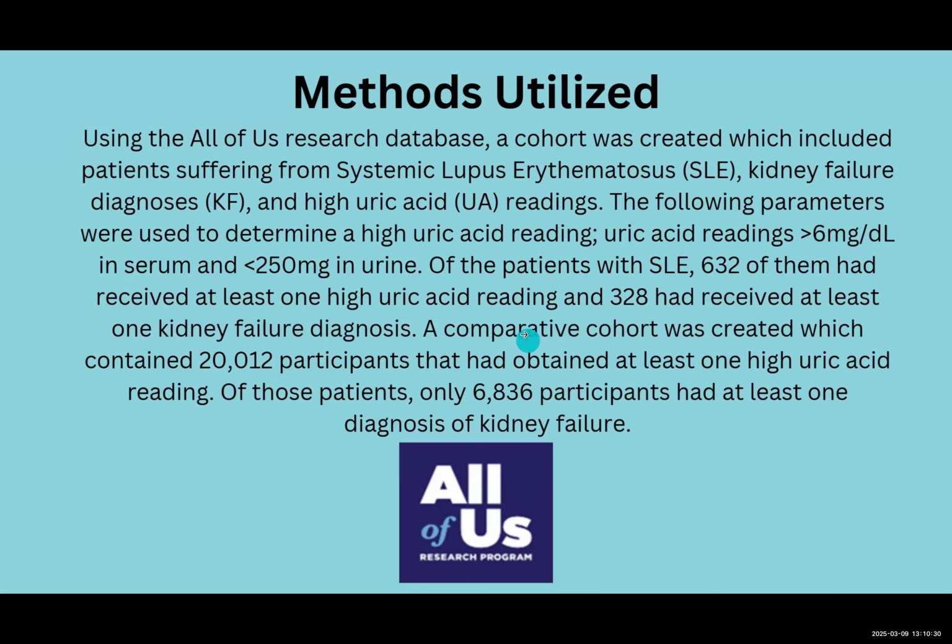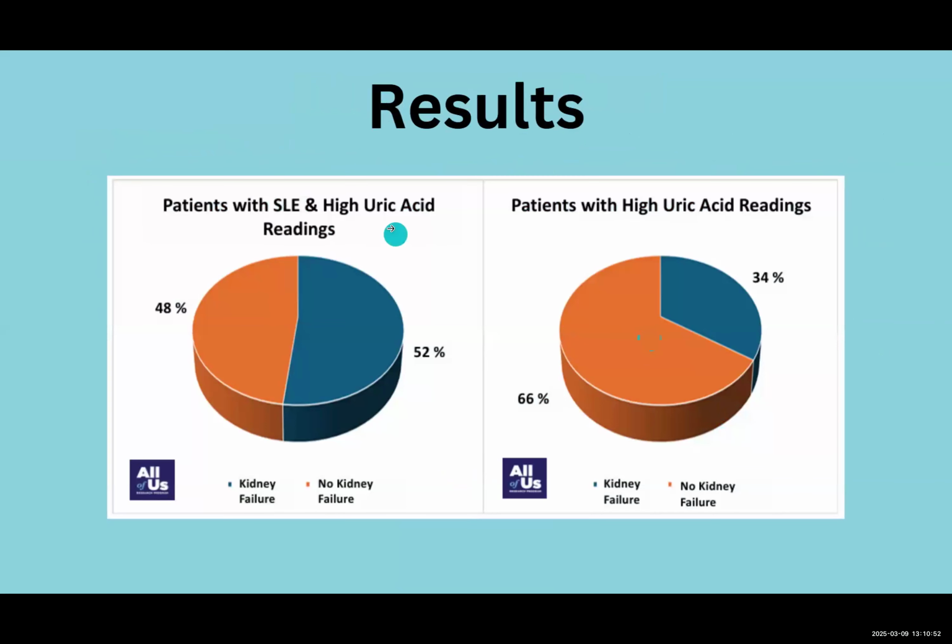I also ran a comparative cohort, which was created just on patients who had received high uric acid readings. The total count was 20,012 patients. And of those patients, only 6,836 of these participants had at least one diagnosis of kidney failure. So here is my pie chart demonstrating what I found in these two cohorts.